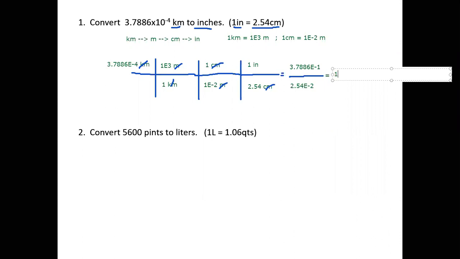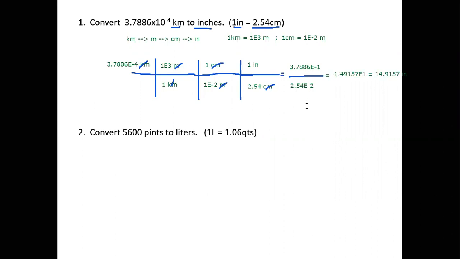So we get 1.49157. And now, to get the exponent part, 10 to the negative 1 divided by 10 to the negative 2. Well, negative 1 minus a negative 2 would give us 1. And so you can rewrite this as 14.9157.